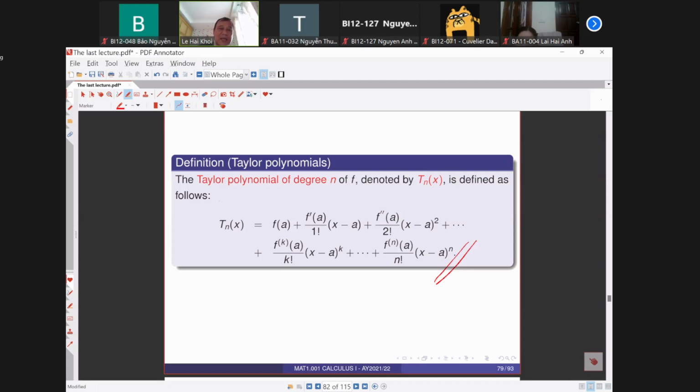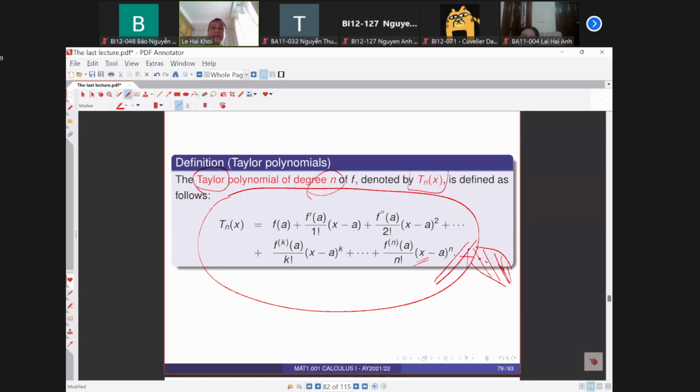In this case, you get this part, you remove the other part. And this part is a polynomial of degree n, because this is x to the power n, the highest. We call this polynomial the Taylor polynomial of f and denote it by Tn(x). Right?